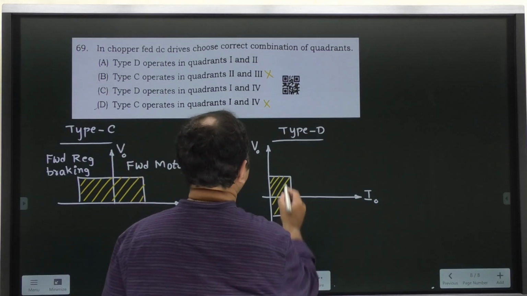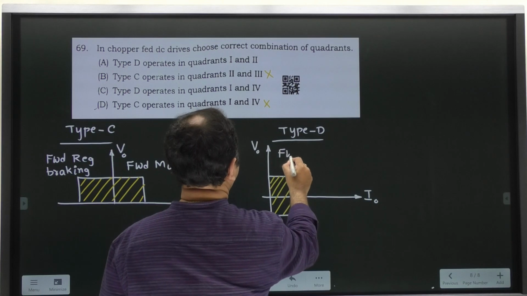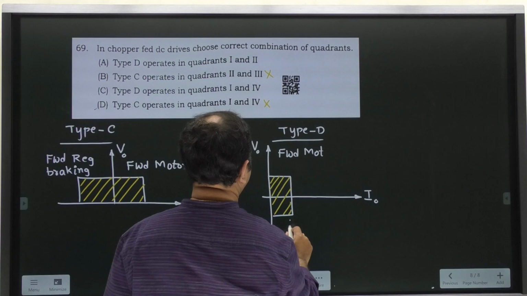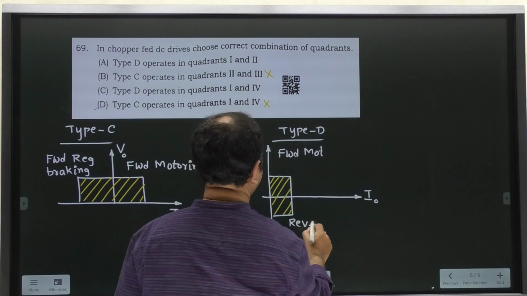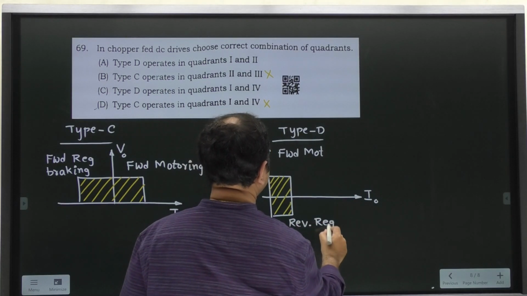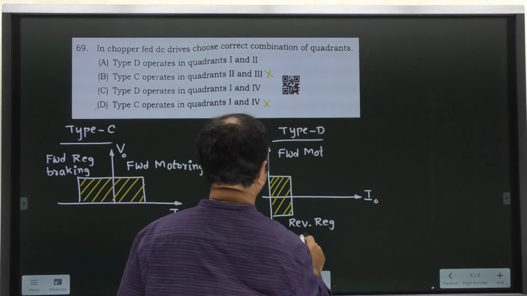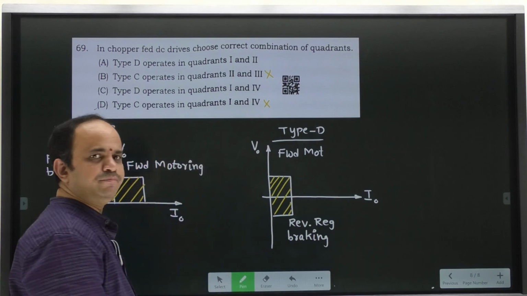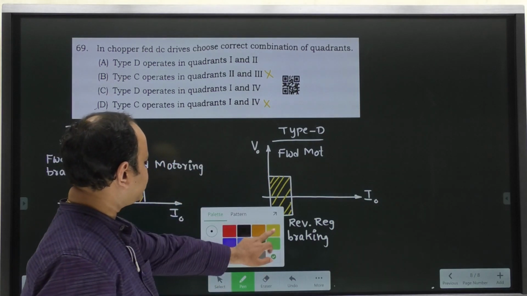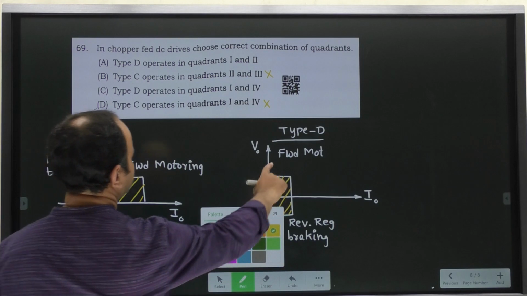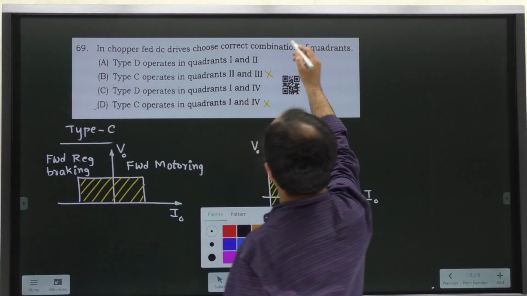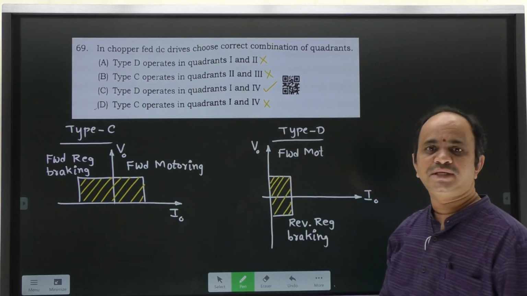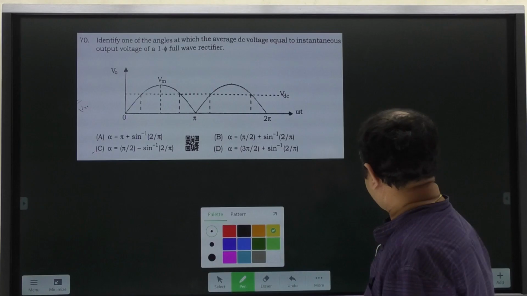These are in the first quadrant, just like earlier, it is forward motoring, and in the fourth quadrant of operation, reverse regenerative braking. Therefore type D chopper will give you the quadrants of operations in the first and fourth quadrants. So this is wrong and option C is correct in this case.